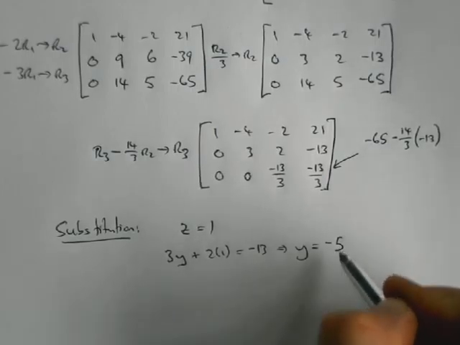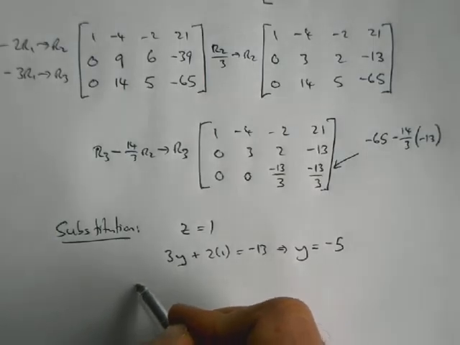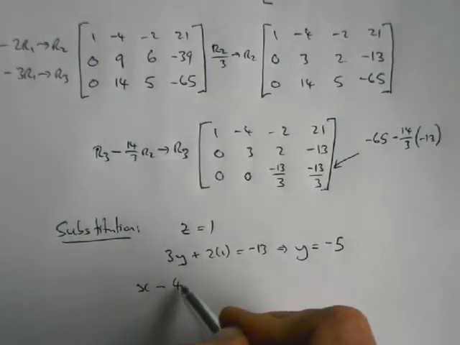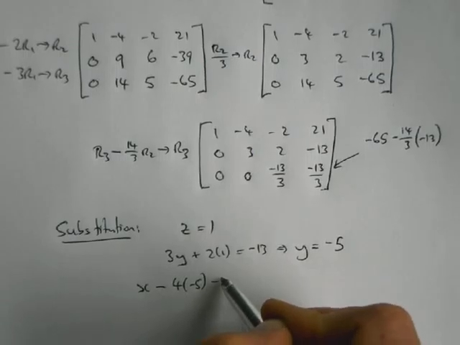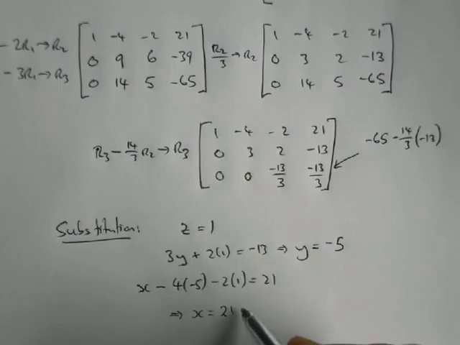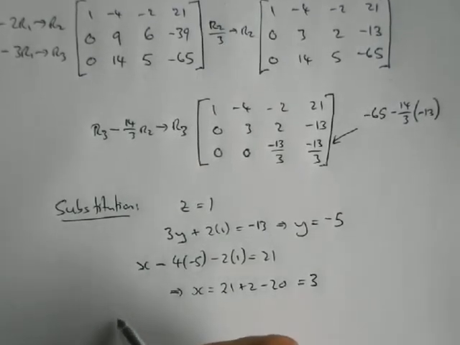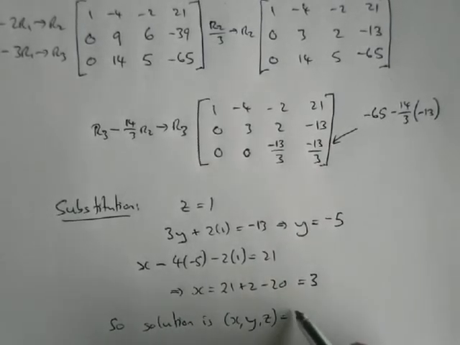And for the x, which is the top row, x minus 4 lots of y minus 2 lots of z has to equal 21, which means that x equals 21 plus 2 minus 20, which is 23 minus 20, is 3. So the solution x, y, z is 3, negative 5, 1 as the solution to the system of equations that we started with.